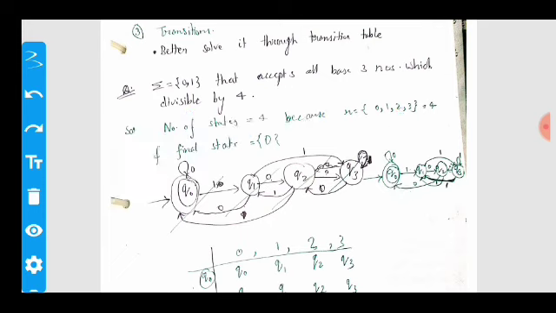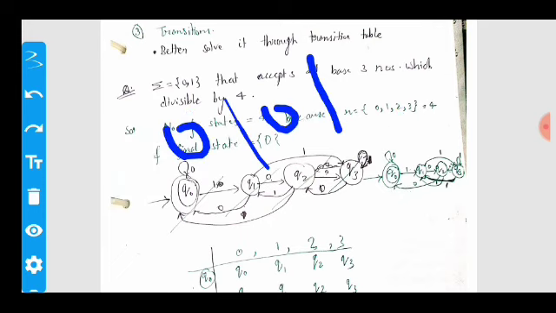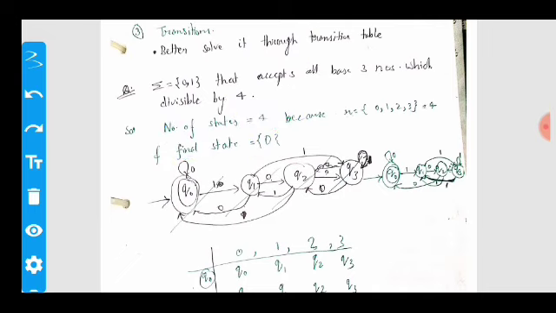And when we give 5, 0, 1, 0, 1, it goes to your Q1 state because when we divide 5 by 4, it gives the remainder 1, so it goes to the Q1 state. And here the same condition is applied for all the questions.